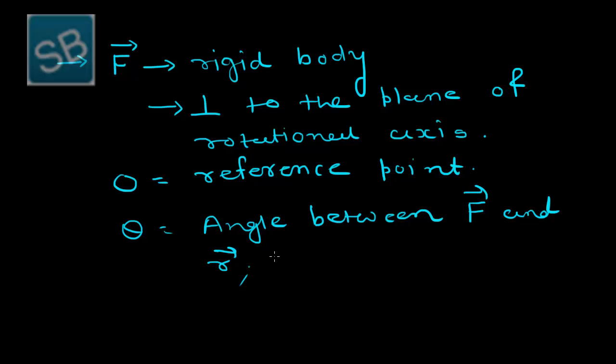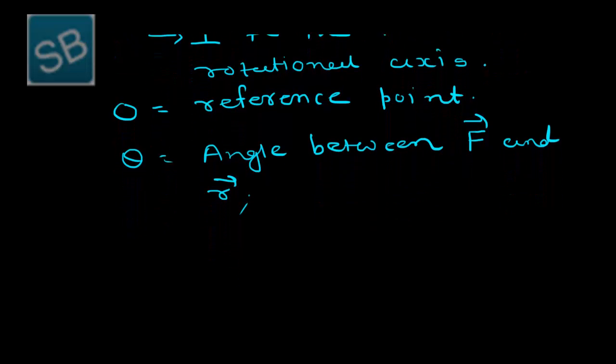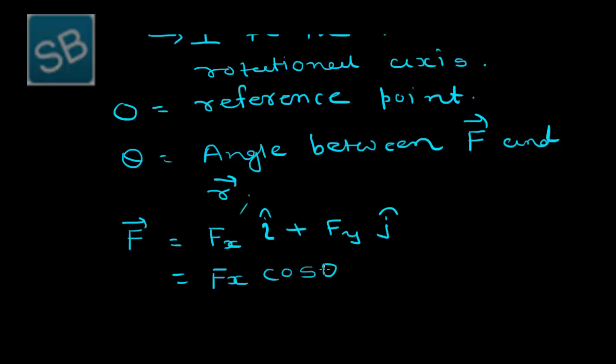And also the components of F are in the x-axis as well as in the y-axis. F equals Fx i cap plus Fy j cap, where the component of F in the x direction is F cos theta, and in the y direction it is F sin theta.